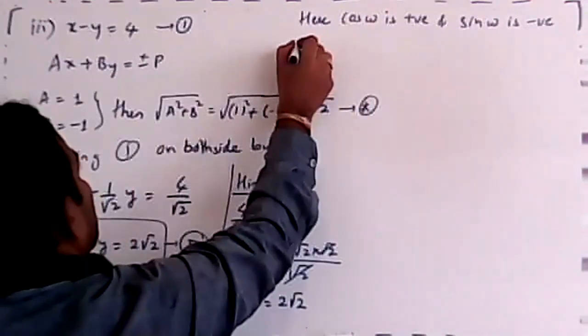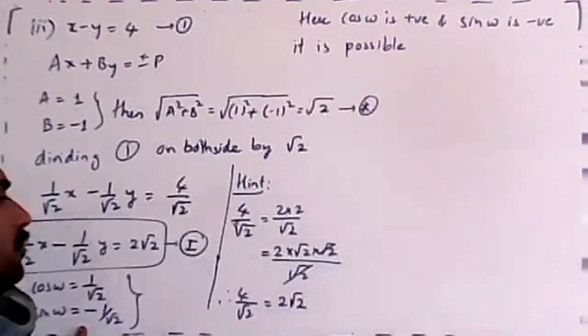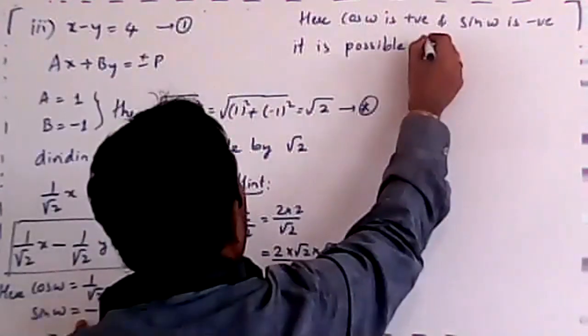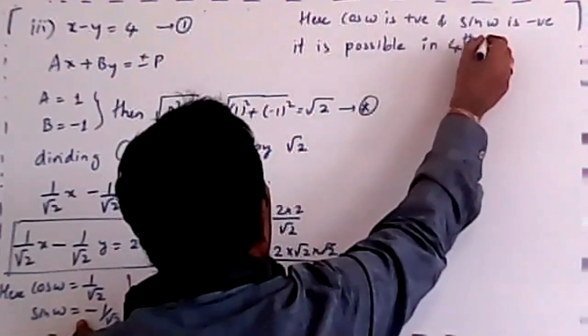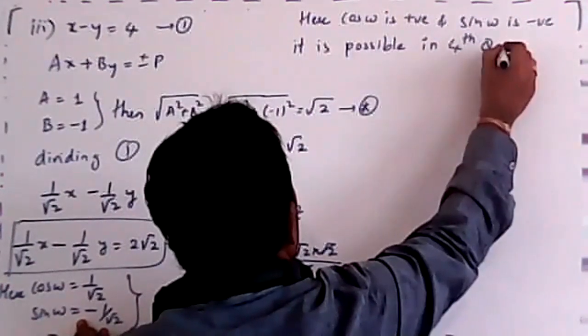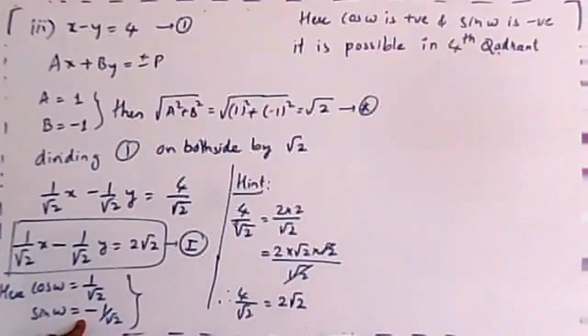It is possible in which quadrant? Cos must be positive and sin must be negative. It is possible in the fourth quadrant. It is possible only in the fourth quadrant.